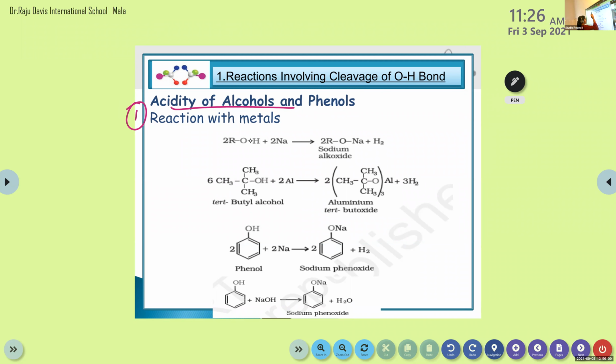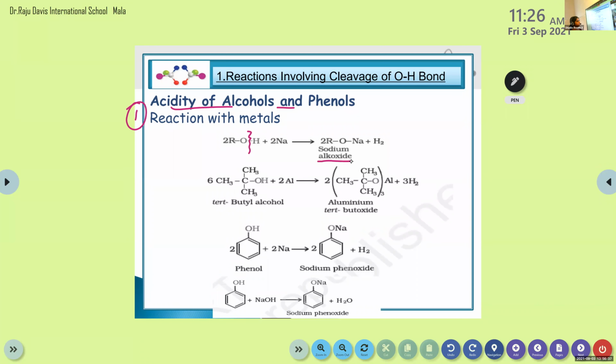Here the cleavage of the OH bond occurs, right? So this oxygen hydrogen bond will break and this Na will attach to this position. The hydrogen will be removed from alcohol and sodium will replace this position, and sodium alkoxide is formed.